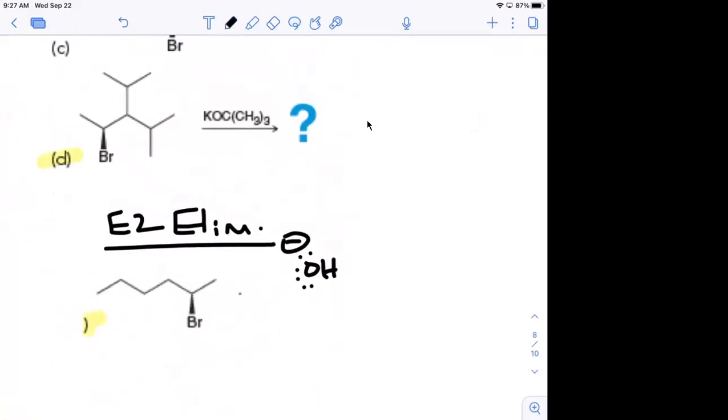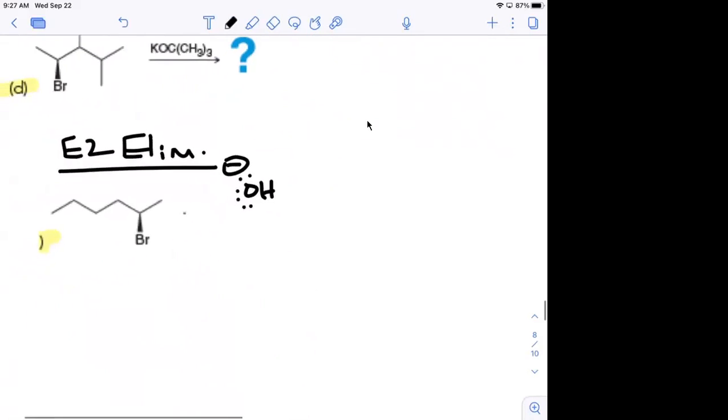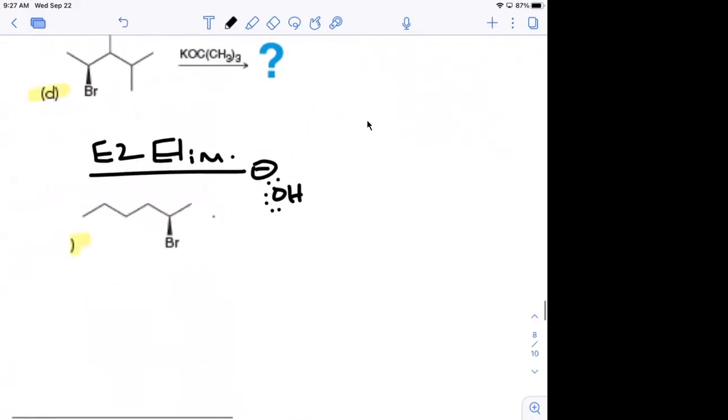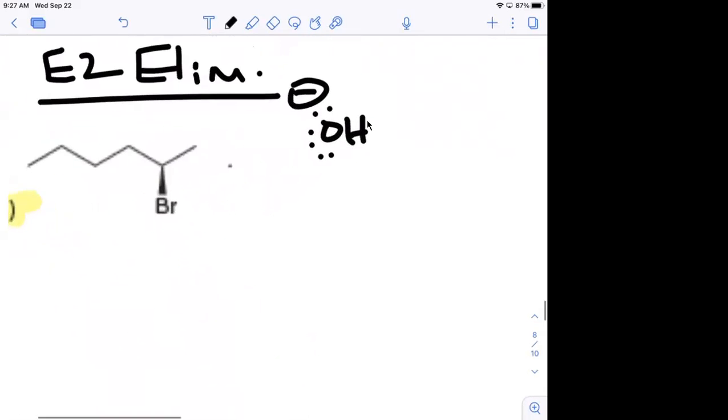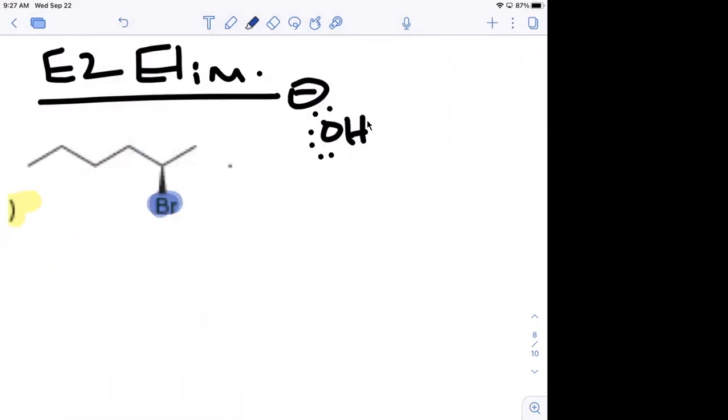Anytime you see sodium again or potassium, as in D, that is a counter ion. So it's a counter ion for a negatively charged atom or functional group. All right. So now I have my base. What else do I need to locate? The leaving group, which is here, bromine. So I got my leaving group.